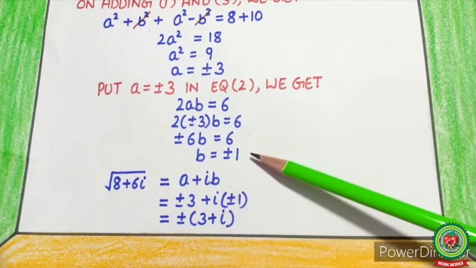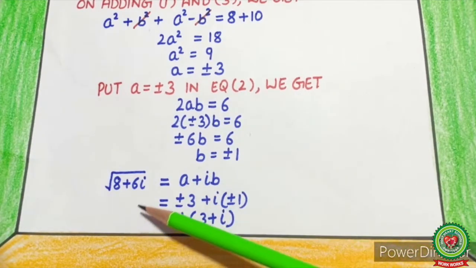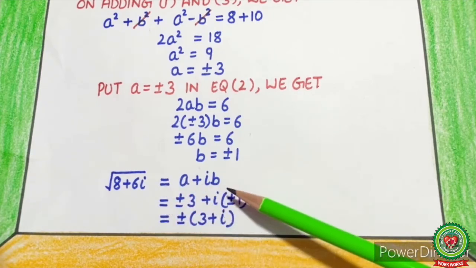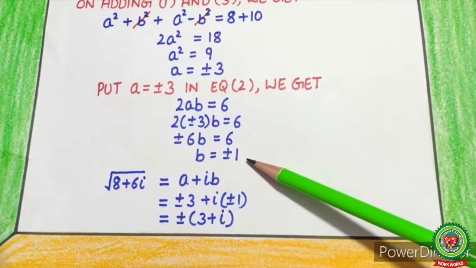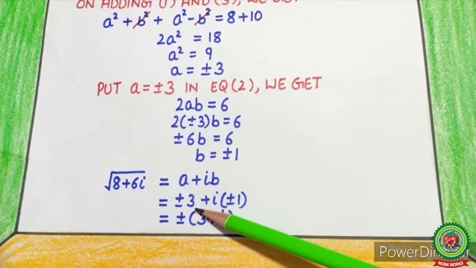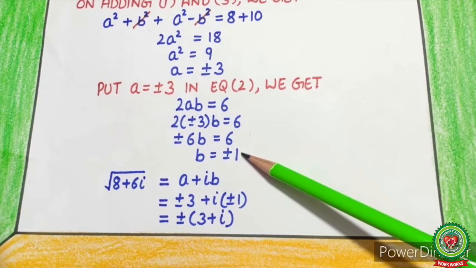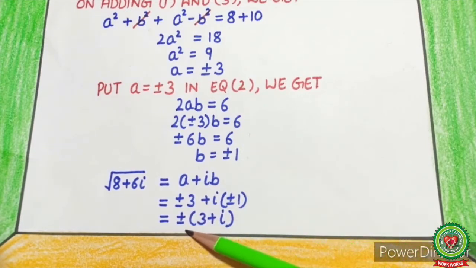According to this, we find the square root of 8 plus 6 iota, which is equal to a plus iota b. Now fill the values of a and b here. The value of a is plus minus 3 and the value of b is plus minus 1. So plus minus is common.